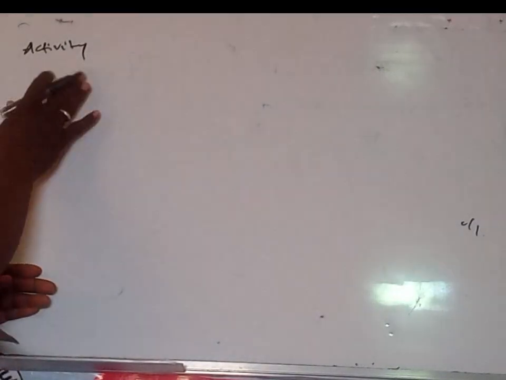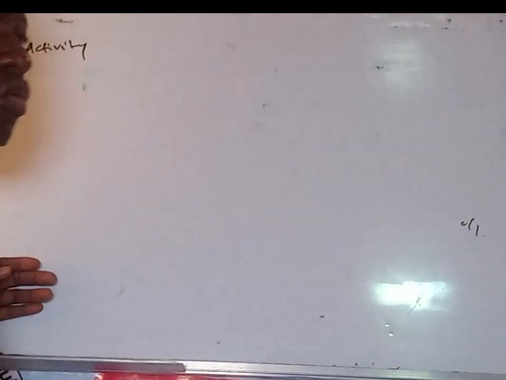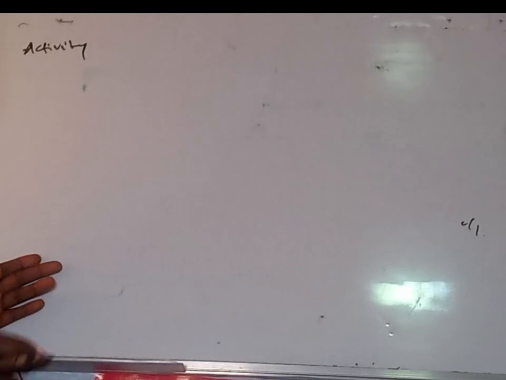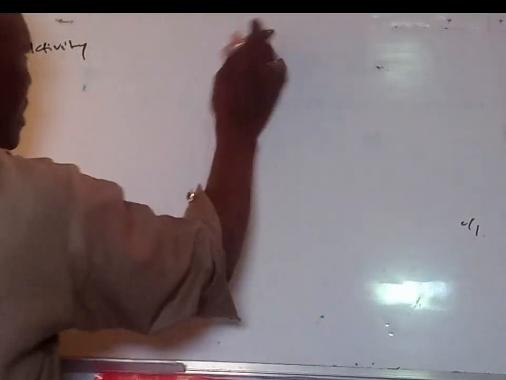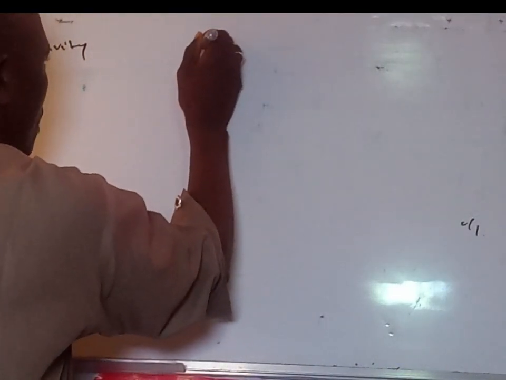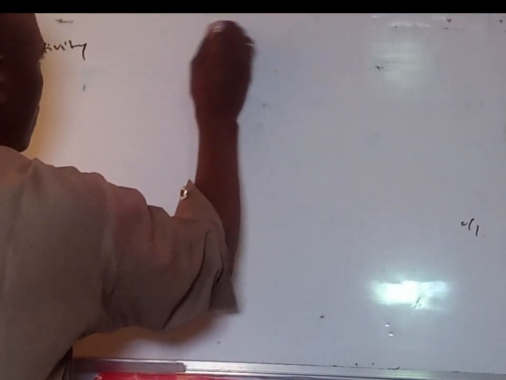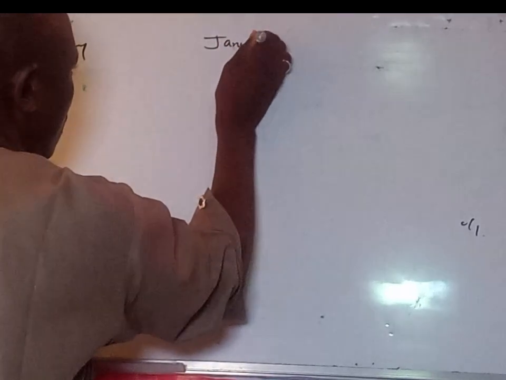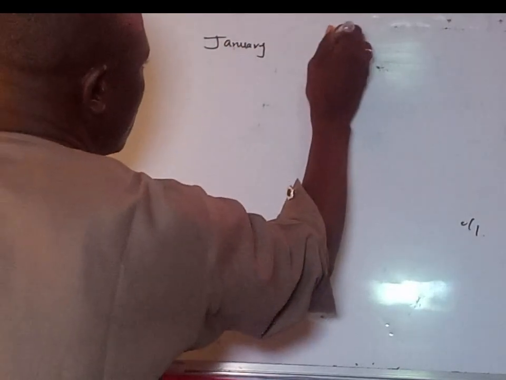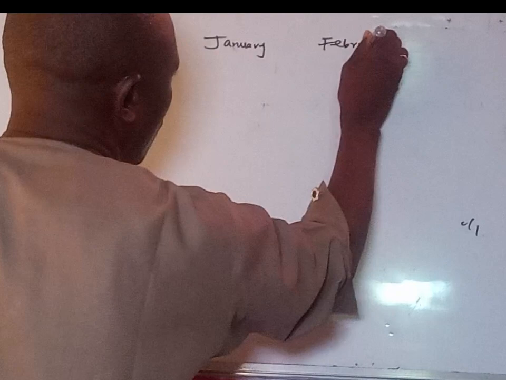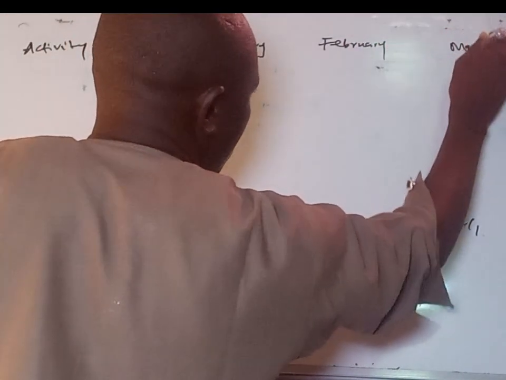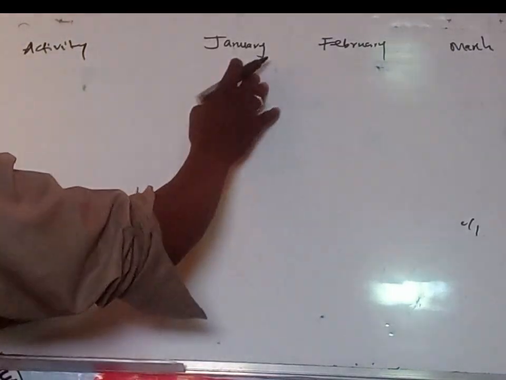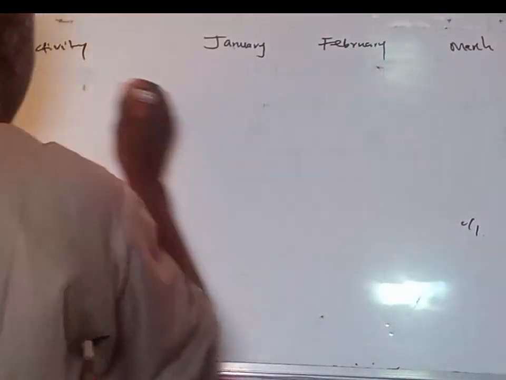Knowing that this work is going to be completed in the next 3 months, we should have a month: in the next 3 months, probably January, February, and then March, 2025.